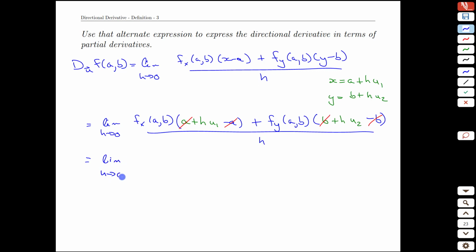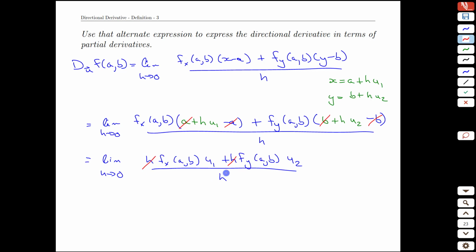Then we have the limit as h approaches 0 of, well, all of this goes away. We have the x slope at a, b, we have a u1, and we have an h. We'll bring that up front. We have the y slope at a, b, we have u2, and we have an h as well. Bring that up front. Why do we do that? Because then we can cancel all of these h's.